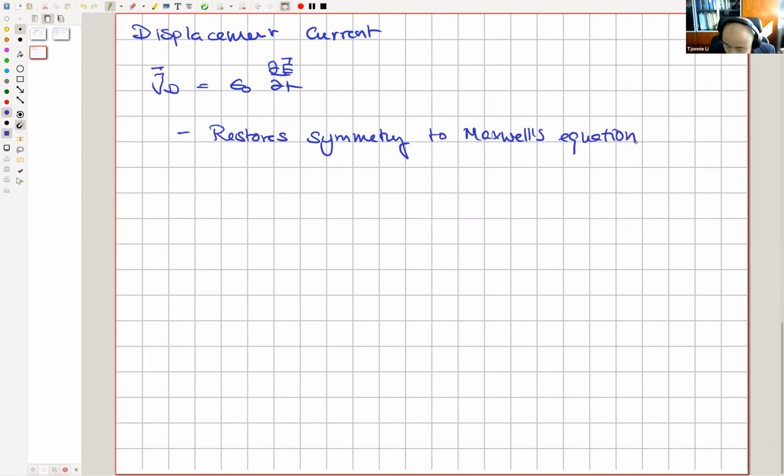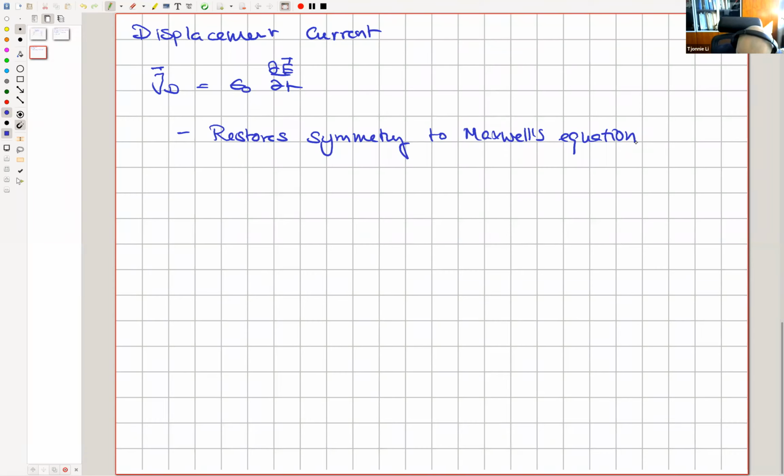Because before, what we had is that a changing magnetic field is a source of an electric field. But then the problem comes if you only leave it at that, then you don't have the opposite, where the change in the electric field gives rise to a magnetic field.